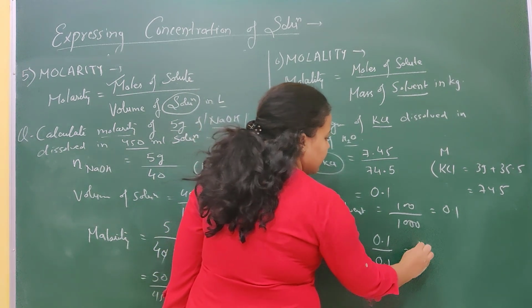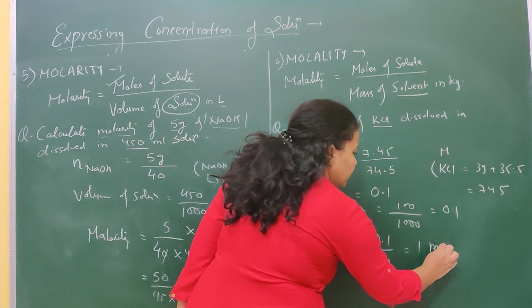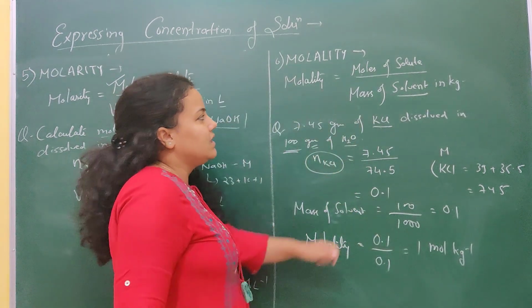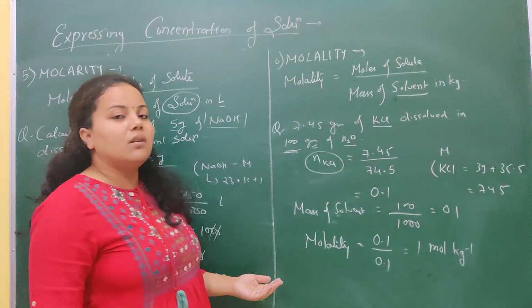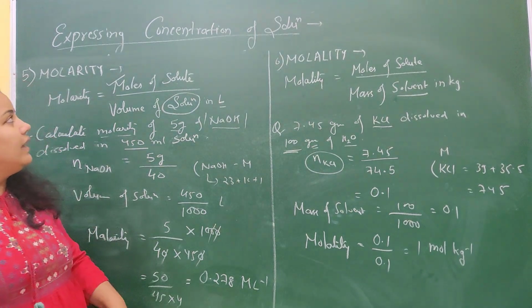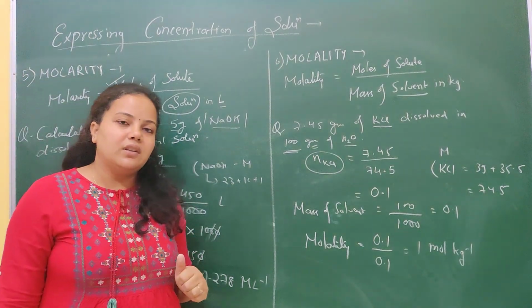So it will come as 1, and the unit will be what? Unit will be again mole per kg. So these were a few concepts which we need to learn when we express concentration of solution. So that's it for today's class.